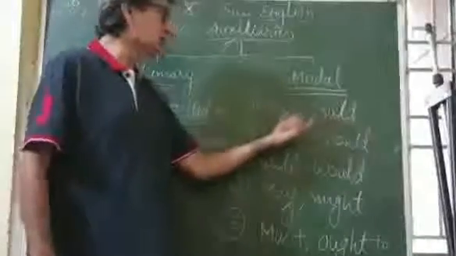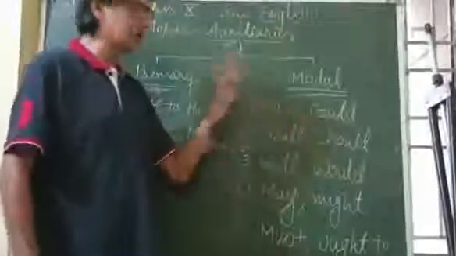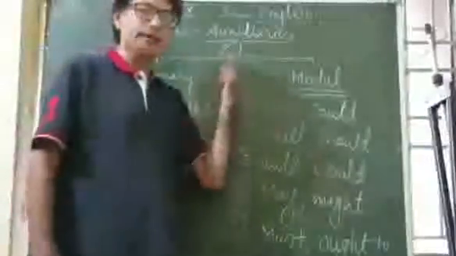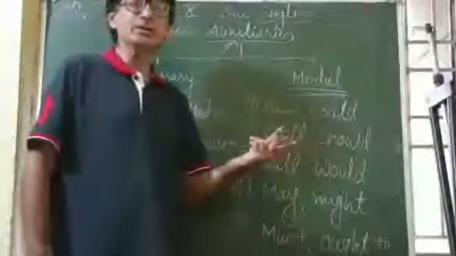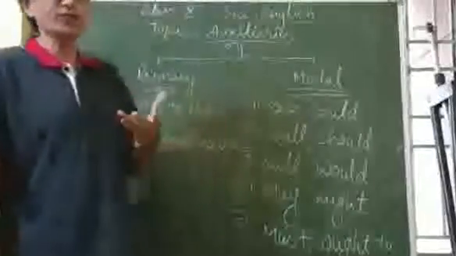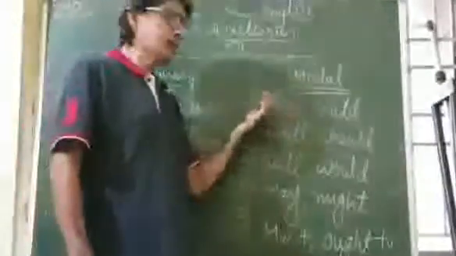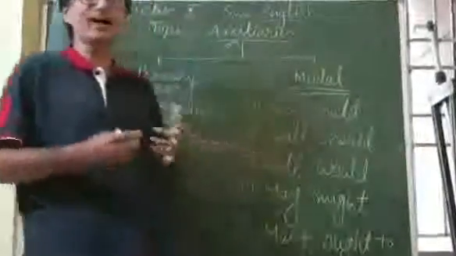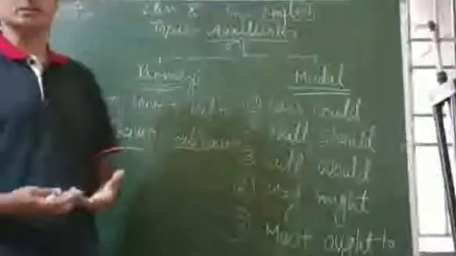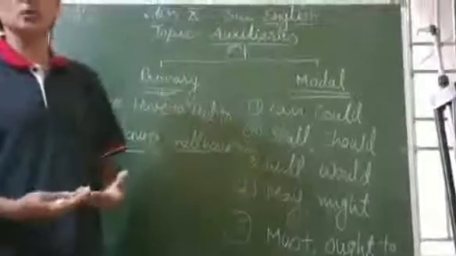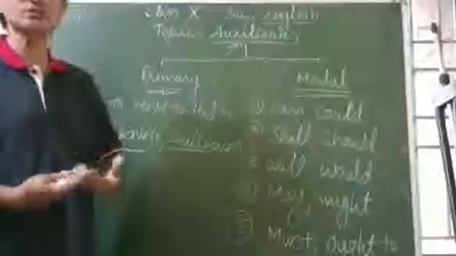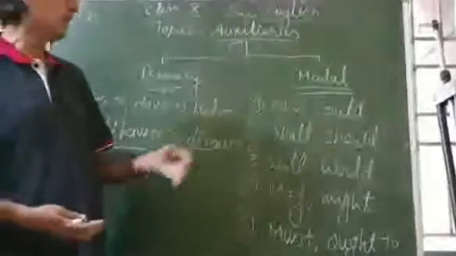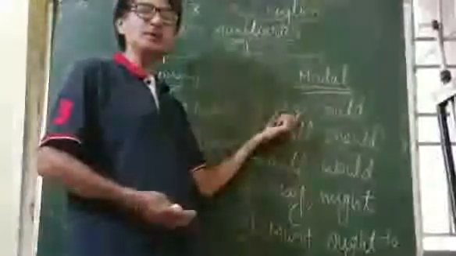These two modals show capacity, capability, or will or wish. Suppose I say, I can do this. It means I have the capability, capacity, strength of doing this work. But it can also mean I am willing to do this.